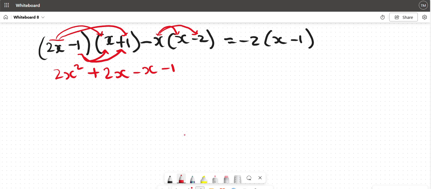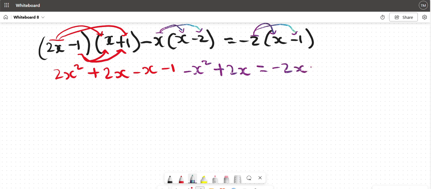Maybe let me use another color for the distribution. x and x is a negative x squared. And the next one, negative x with a positive 2 is a positive 2x. And then again, this will distribute into this bracket, giving me a negative 2x with a positive 2. So that's what I'm getting straight from the distribution and the foiling.